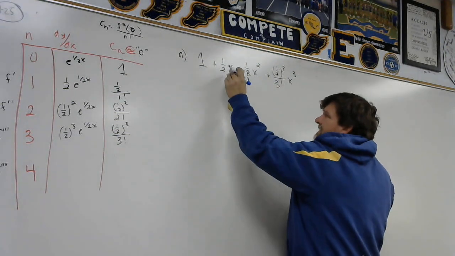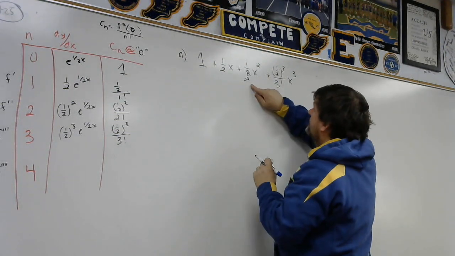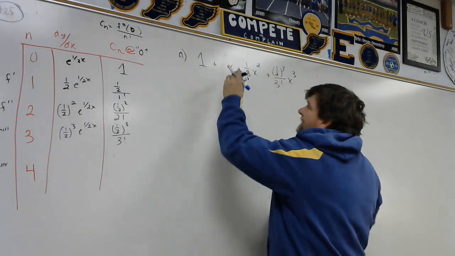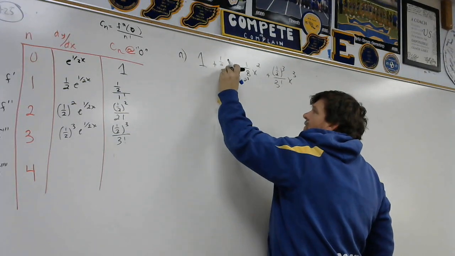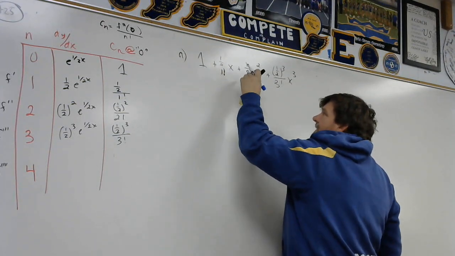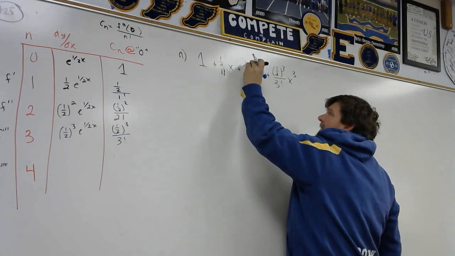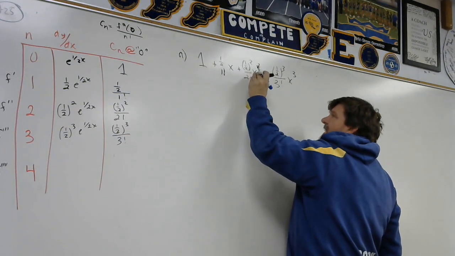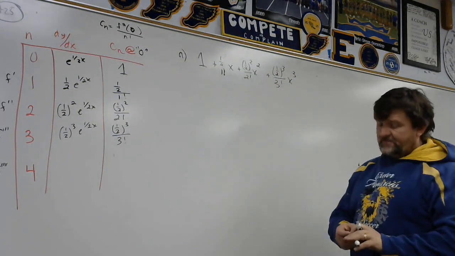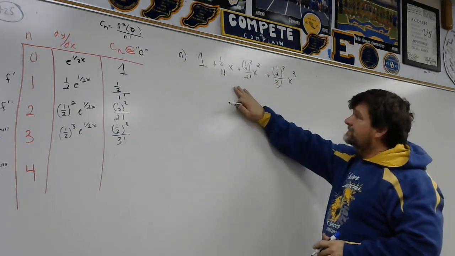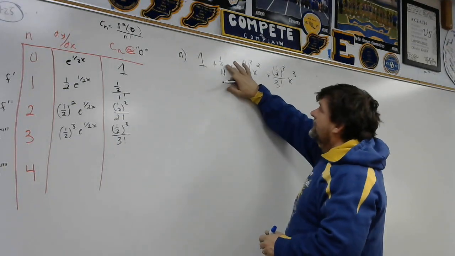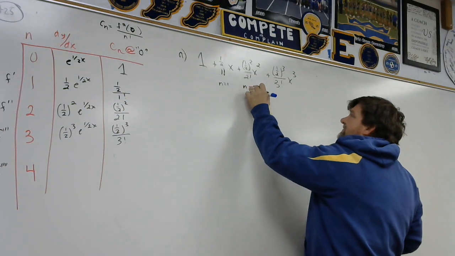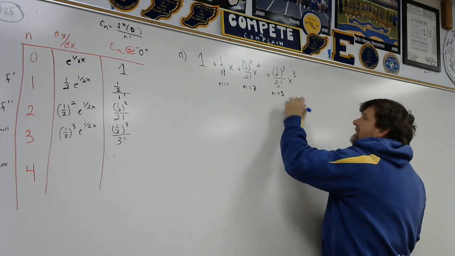Now remember, let me rewrite this, guys. So this is going to be 1/2 over 1 factorial. And this is going to be 1/2 squared over 2 factorial. It makes me see the patterns a little bit better. So then we've got this piece here. So what's our general term? Well, this is n equals 1, this is n equals 2, and this is n equals 3.